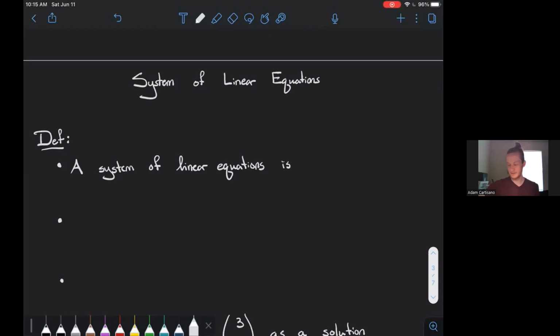Each with, we will say, the same variables.